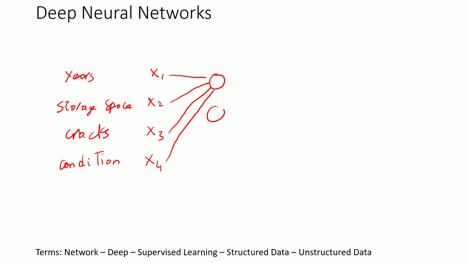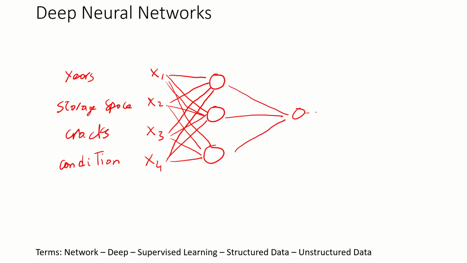But to increase accuracy, you will need several neurons, according to the literature. So what we actually have here is several mathematical placeholders that contain several functions.